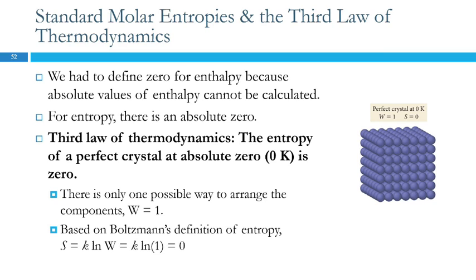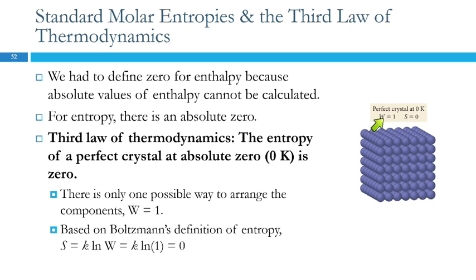So now we need to define what is standard molar entropy. For enthalpy, we had to pick something to be 0, just like with elevation. We chose sea level because it's convenient, right? So for enthalpy, we chose elements in their standard states as having 0 enthalpy. But in entropy, there actually is a real 0.